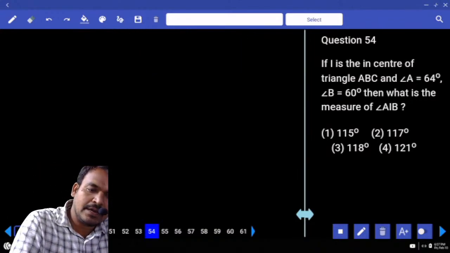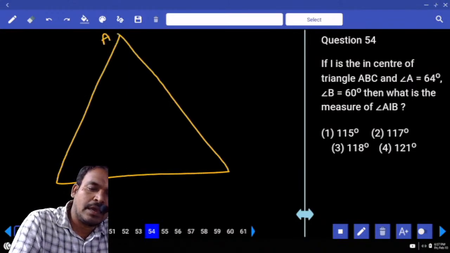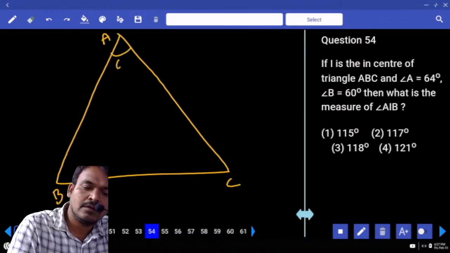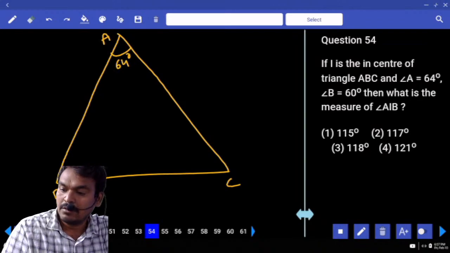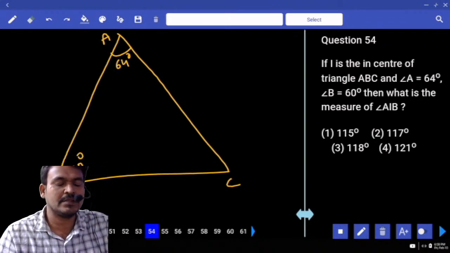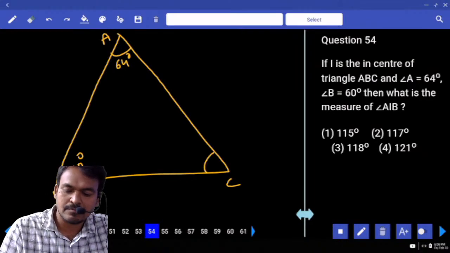And here triangle ABC is given or not? A, B, C. But the A is how many degrees? 64 degrees or not? B is how many degrees? 60 degrees or not? 64 plus 60, 124. Obviously C will be 56 or not?